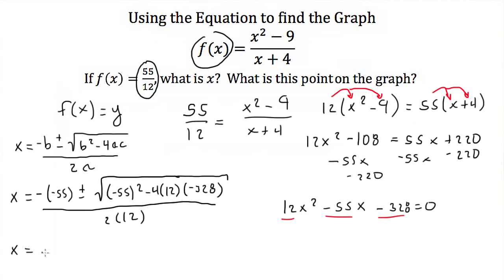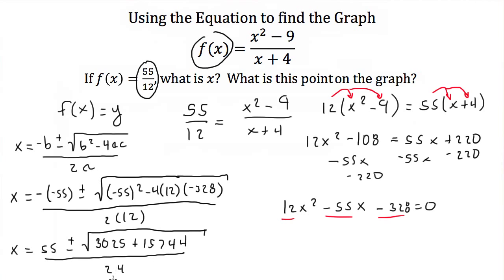If we simplify this, we'll get x is equal to a positive 55 plus or minus the square root of 3025, which is 55 squared, plus 15,744, which is 4 times 12 times a negative 328, and then that's all over 24. Now, 3,025 plus 15,744 is 18,769, and if you take the square root of that in your calculator, this will come out to 137.